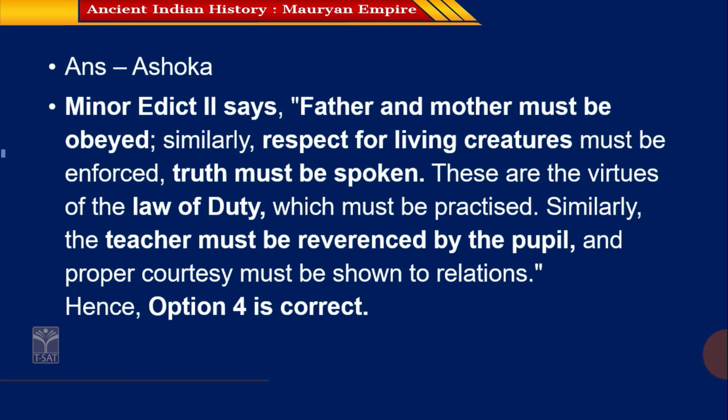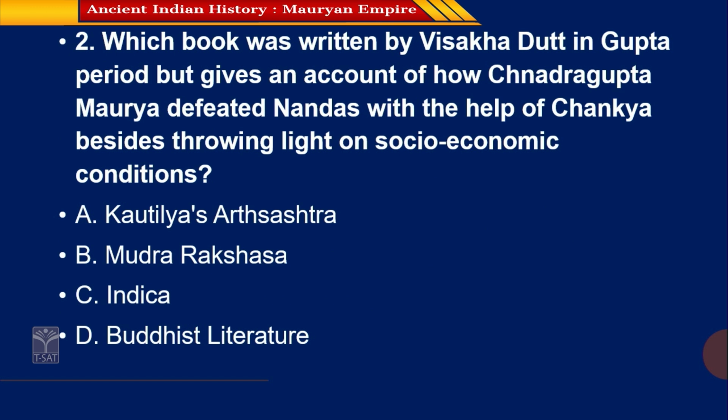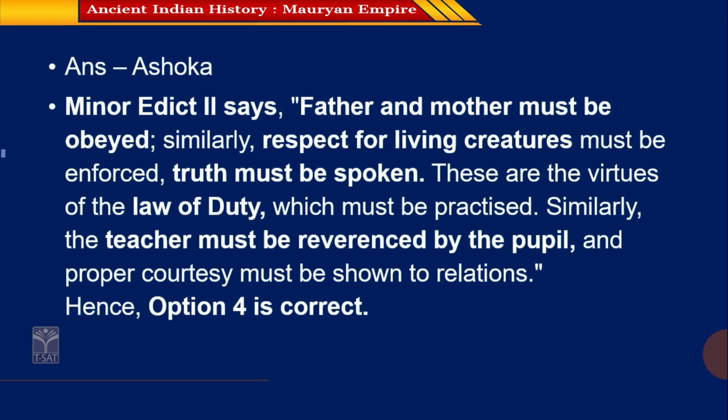Now, let us take a very quick view of who Ashoka was and where he belongs. Ashoka was the third most important emperor of the Mauryan Empire. He was the son of Bindusara. Ashoka ruled approximately from 272 BC to 232 BC.